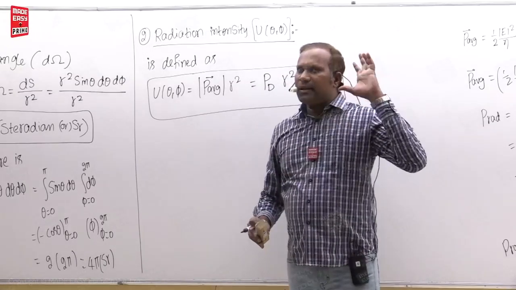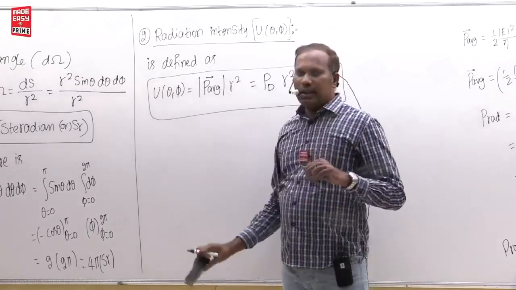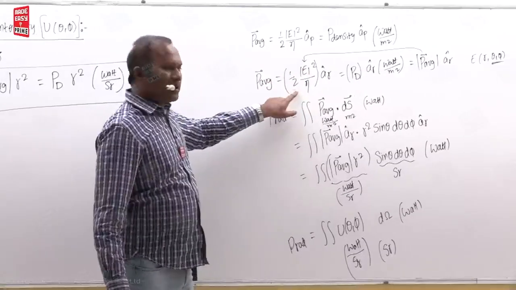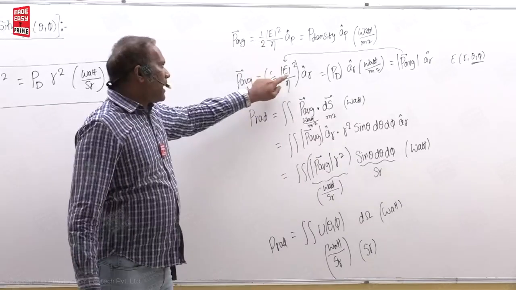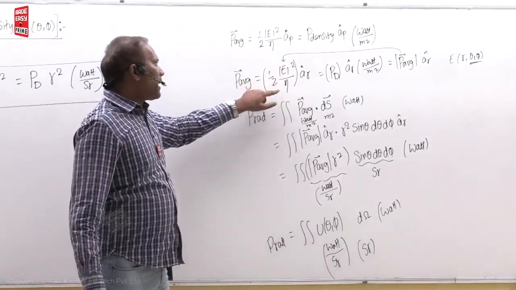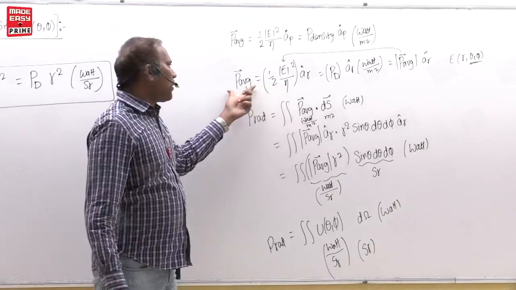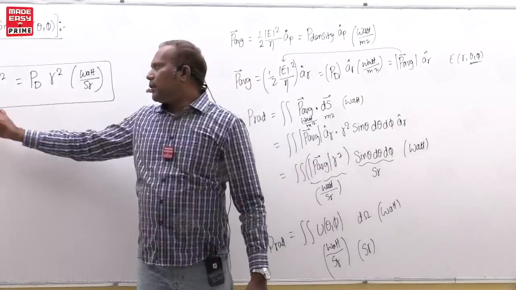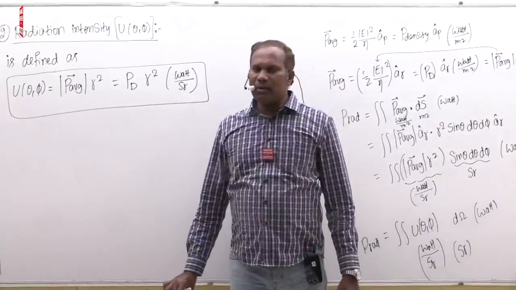Now imagine how to calculate radiation intensity. Already I wrote these formulas. In the question, if the electric field is given, take the electric field equation square divided by eta by 2. Then you get the magnitude of the average Poynting vector. Then multiply that with r square, and you get the equation of U(theta, phi). That is one way.